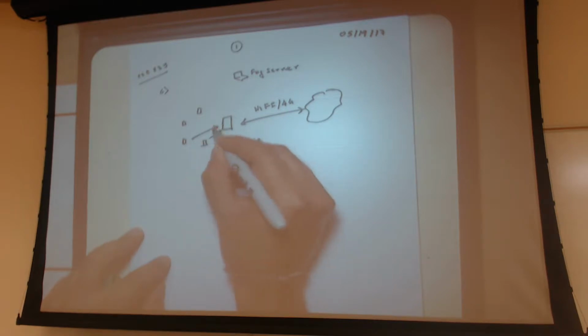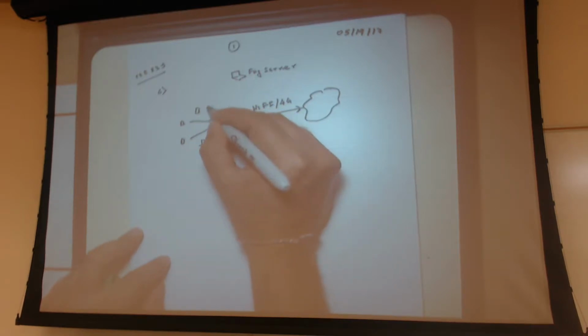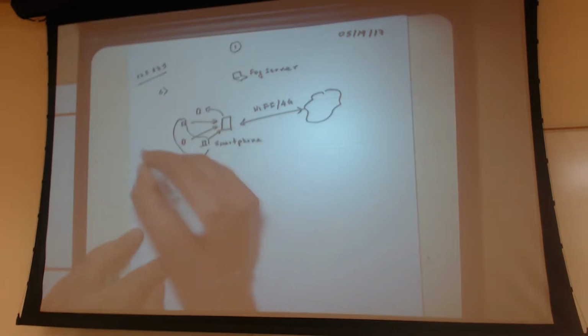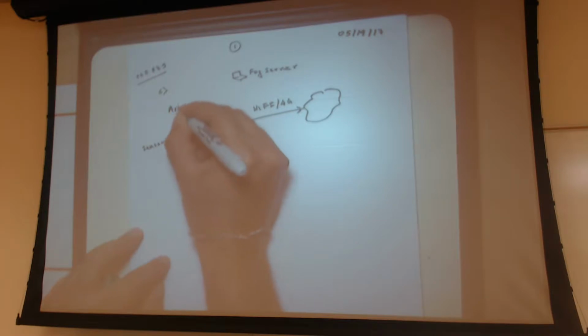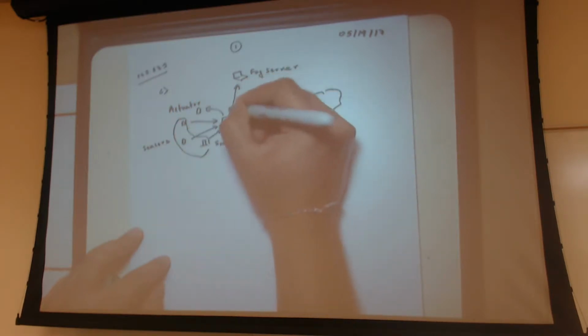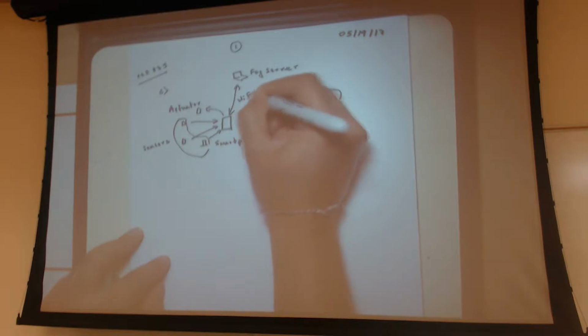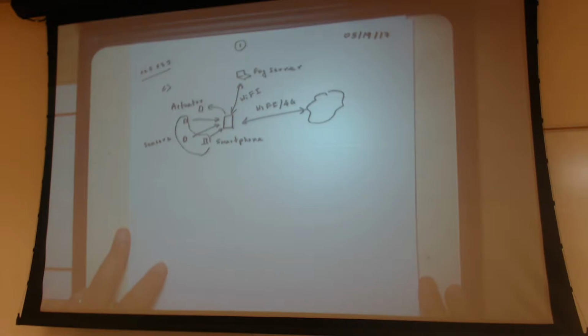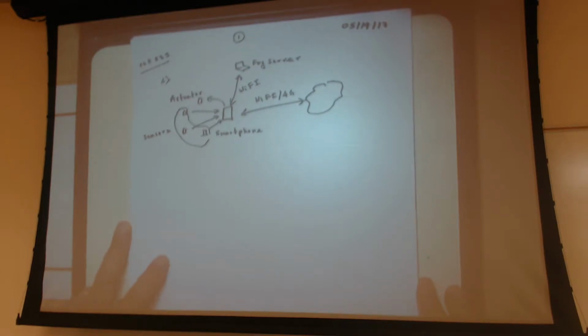We also have smartphone sensors. We have actuators. So these are sensors. This is an actuator. That is a Fox server, and we have again Wi-Fi, mostly Wi-Fi connectivity. And this is Bluetooth or something else. This is what we had before in the last class.